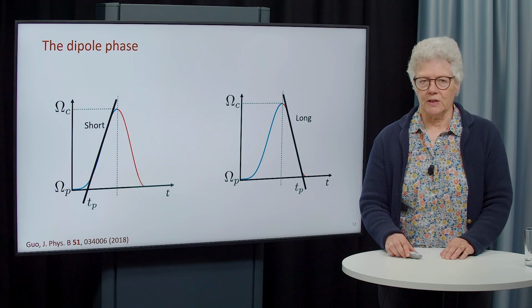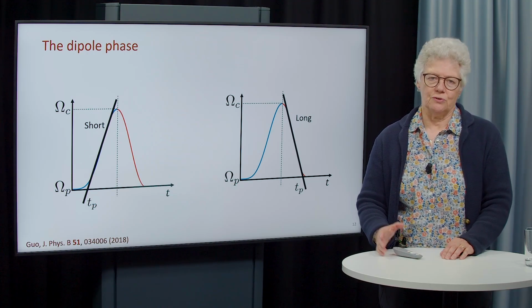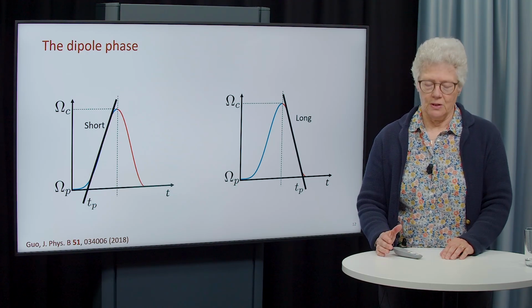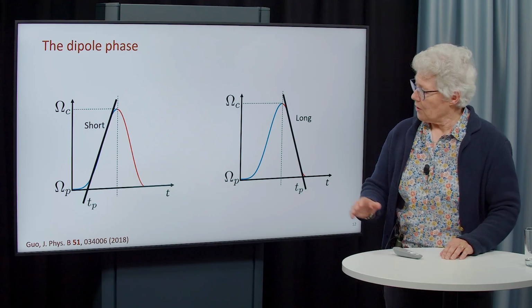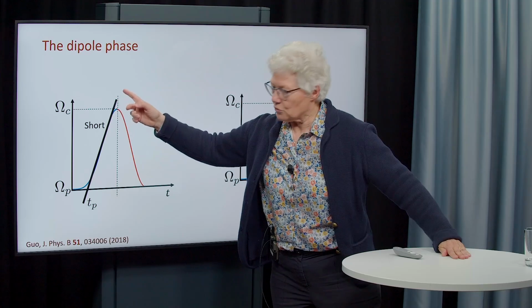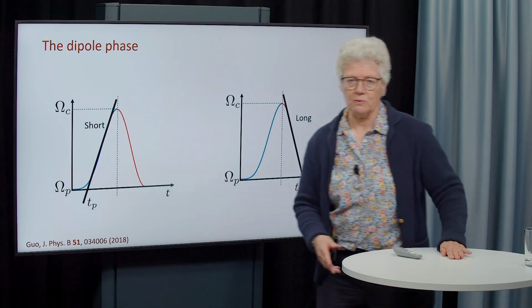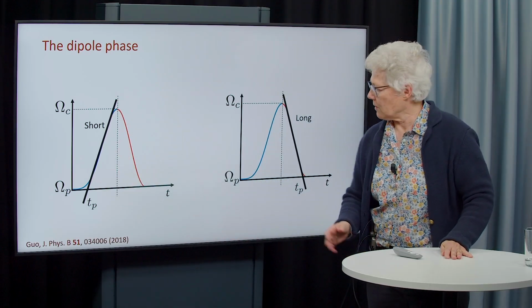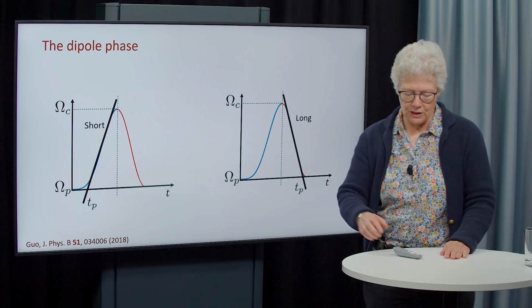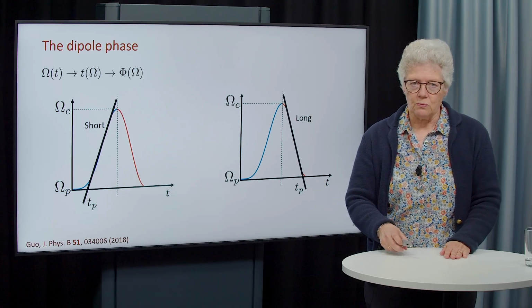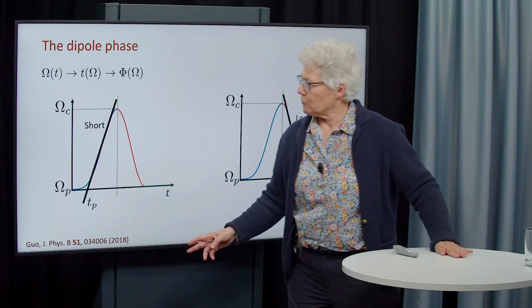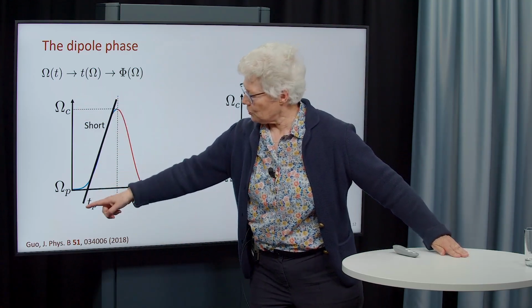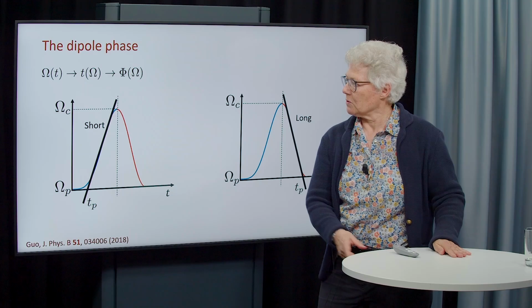This curve showing the frequency of the radiation as a function of time can be parameterized. You can see that this curve for the short trajectory can be approximated by a straight line, and similarly for the long trajectory. So what we do is we go from the variation of the frequency as a function of time using this linear approximation.